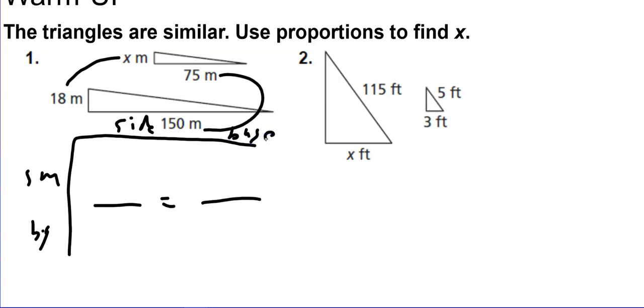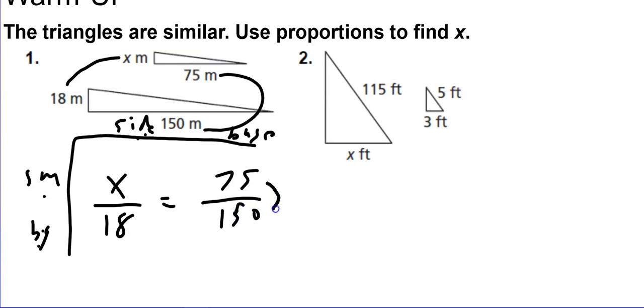And then it makes it easy to fill in, because people will put x over 18, but then they might put 75 over 150, or sometimes they put 150 over 75. This keeps you from making that mistake. So x is the small side, and 18 is the big side, on the bigger triangle. The smaller base is 75, and the bigger base is 150.